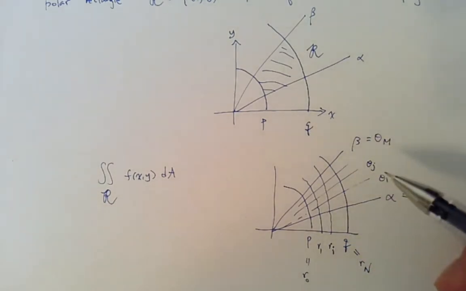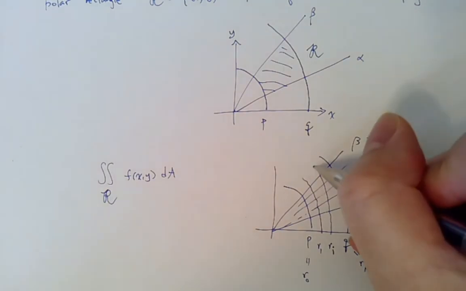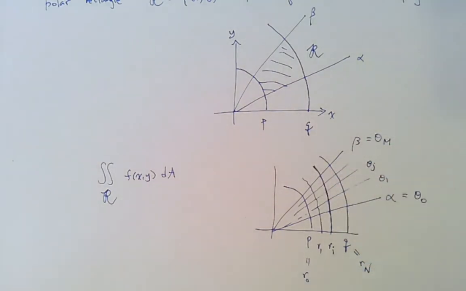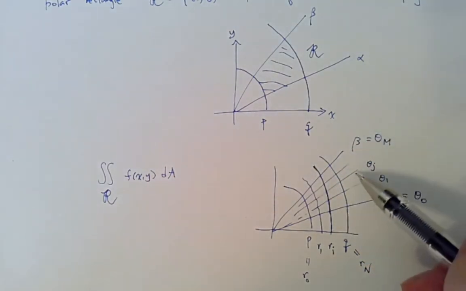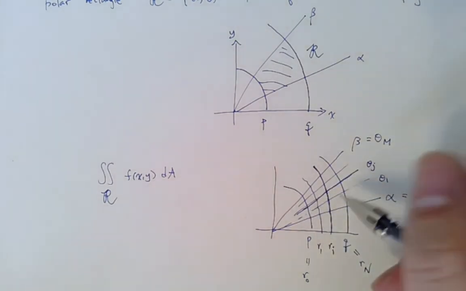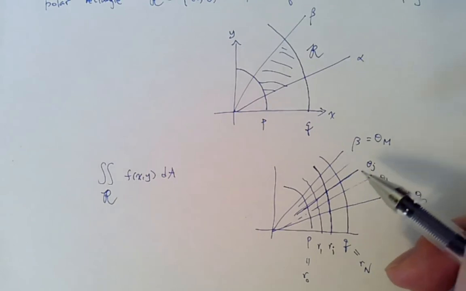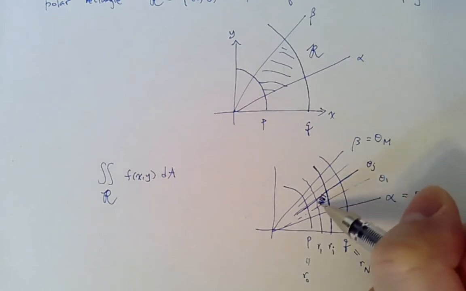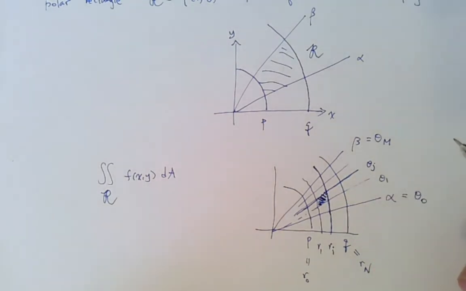Now, let me see, r sub i is right here, theta sub j is right here. So here, let me color in this little piece. That piece, let's call it R sub ij.